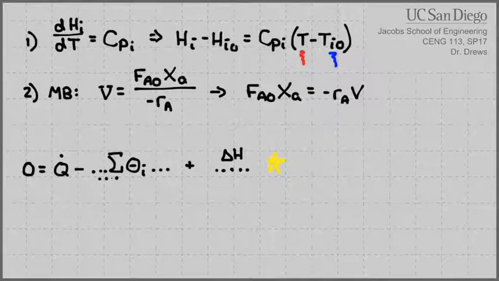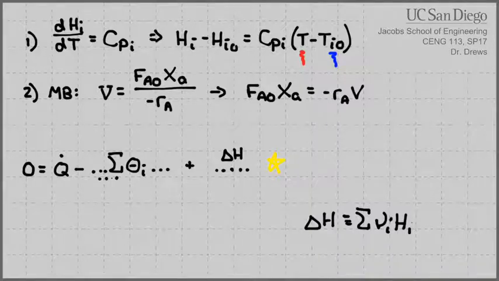There shouldn't be any information that you need here beyond maybe remembering that delta H is defined as the sum of the stoichiometric coefficients times the enthalpies. But that was a definition, that's not really a derivation, we just said that's what it is. So take about 5 minutes, 4 minutes now because I've been wandering, and see what you can do.